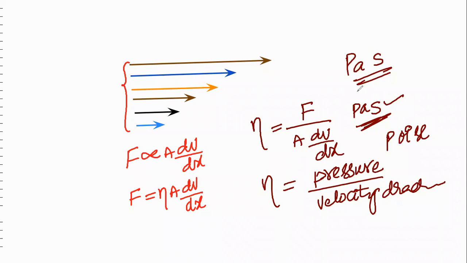Right. According to Torricelli's law, the liquid coming from a pipe follows the equation of a freely falling body. Let us suppose the tap is at a certain height. So water is coming from the tap.